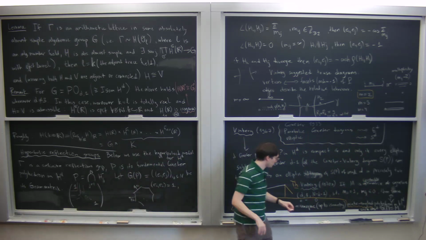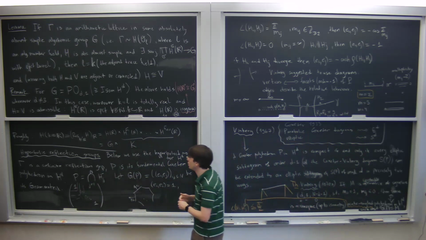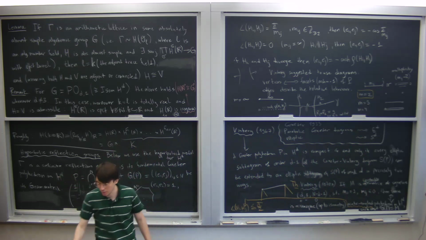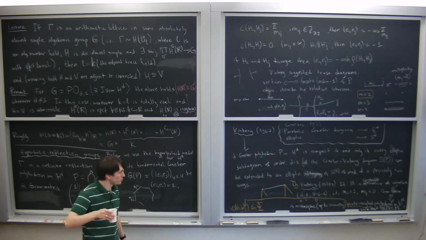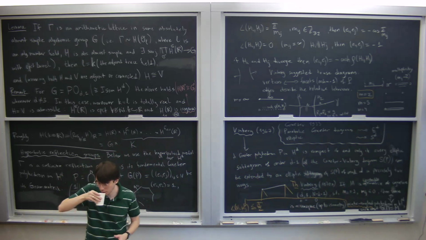But these elements may appear in different ways, not only as compositions of two reflections. And then Vinberg actually gives the following criterion that I'm going to write down over here.